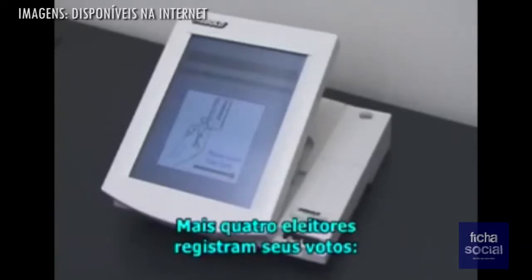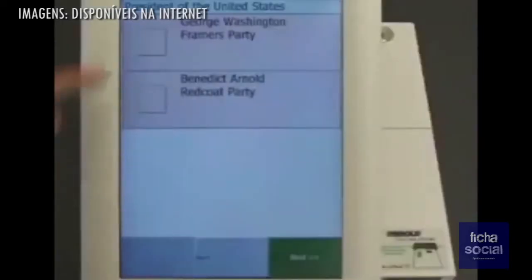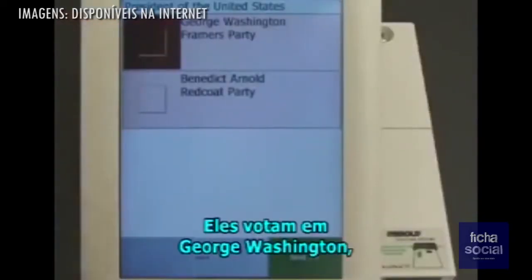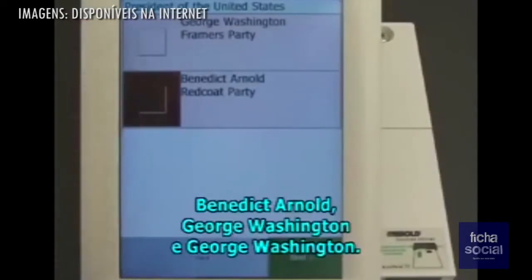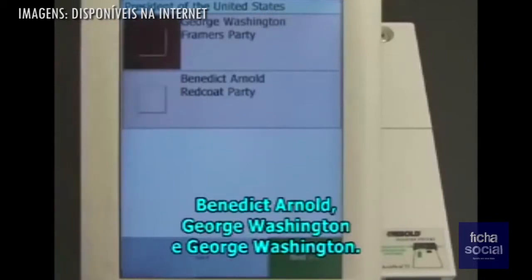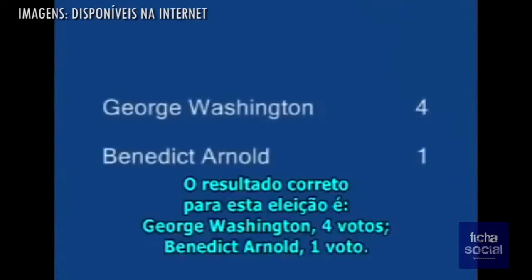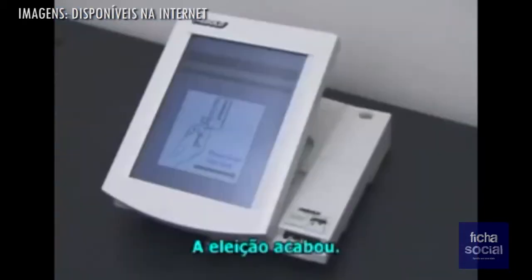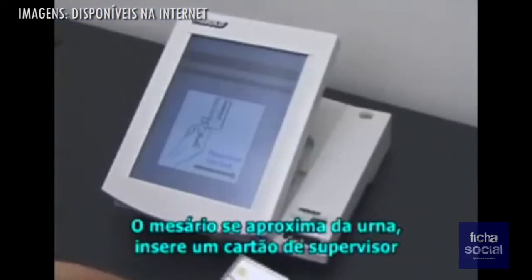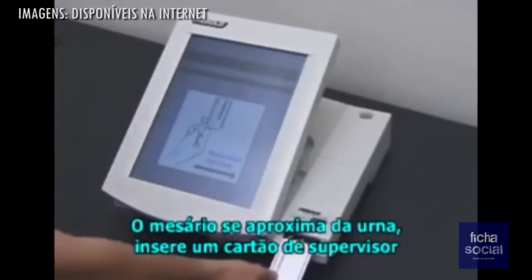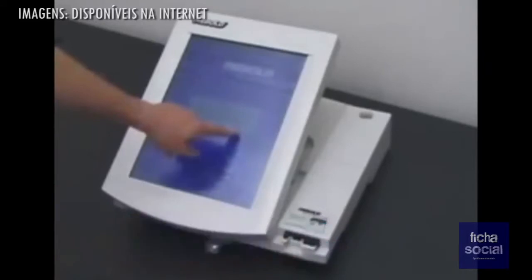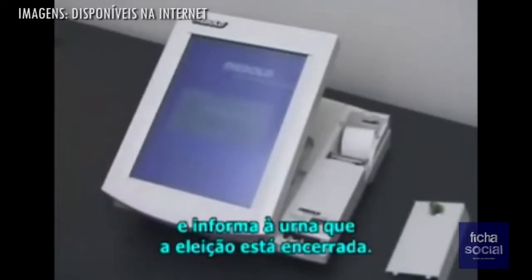Four more voters cast their votes. They vote for George Washington, Benedict Arnold, George Washington, and George Washington. The correct result for this election is George Washington 4 votes, Benedict Arnold 1 vote. Election day is now over. An election worker approaches the machine, inserts a supervisor card, and tells the machine to end the election.